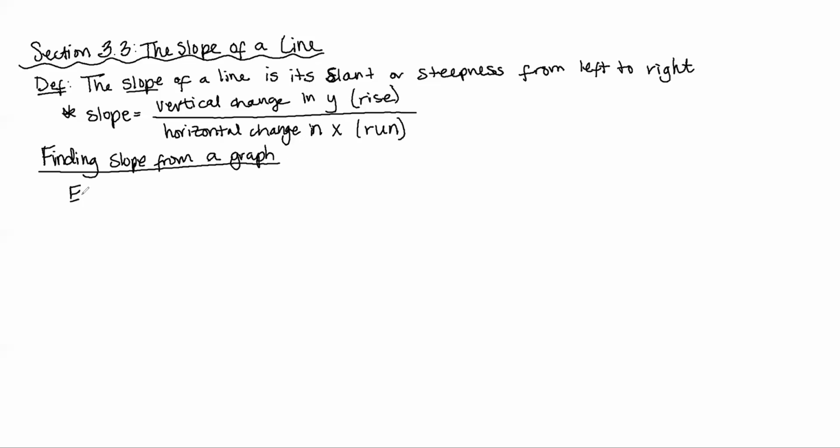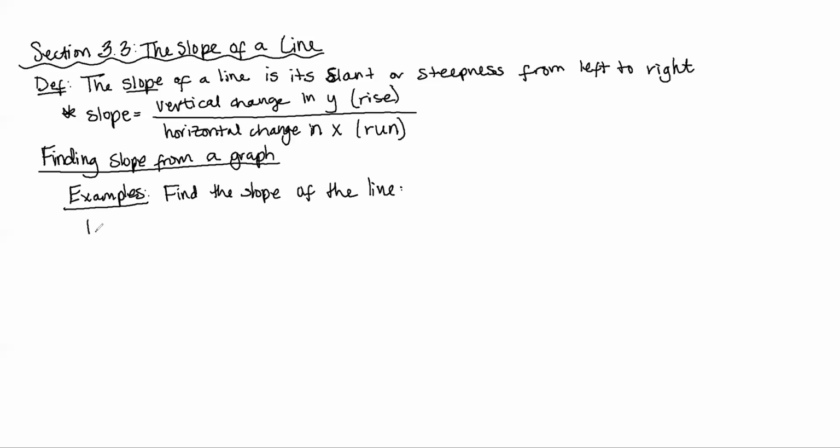So let's go ahead and look at a couple of examples. I'm going to be drawing graphs, so if you have graph paper, I would definitely use the graph paper now. It's going to make it easier to see what our rise and our run is. The way I'm doing it's going to look a little bit messy, so I apologize, but I don't have graph paper on here.